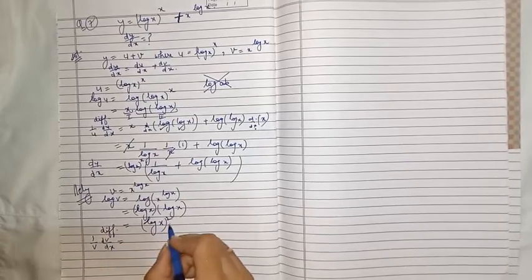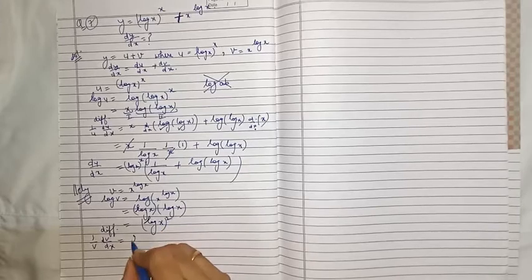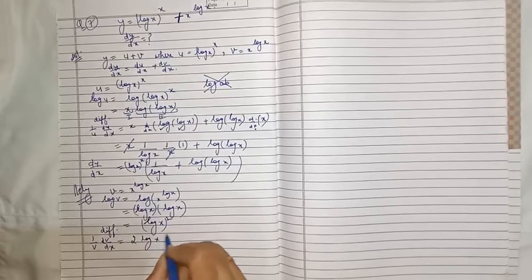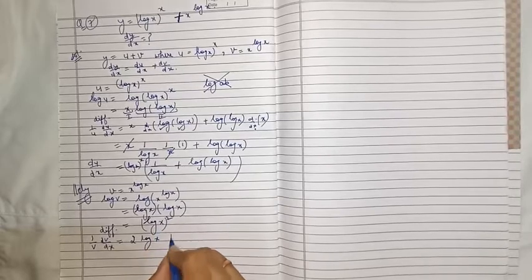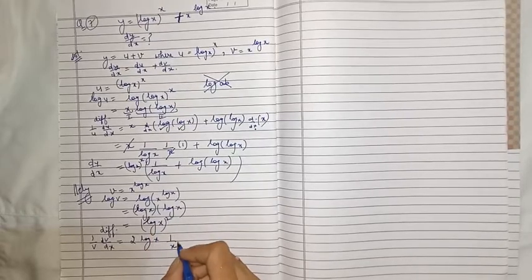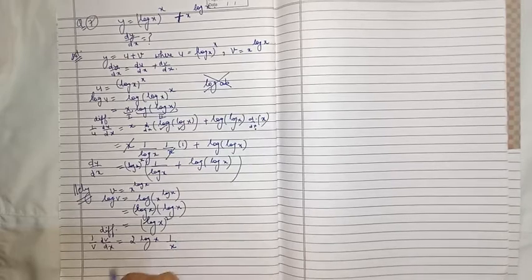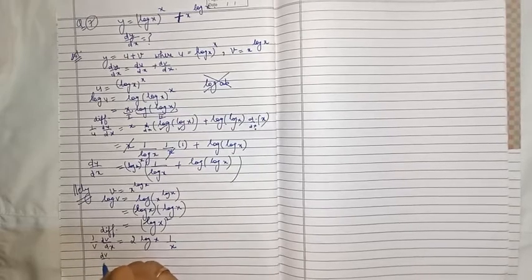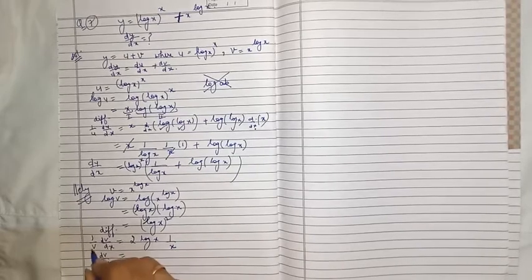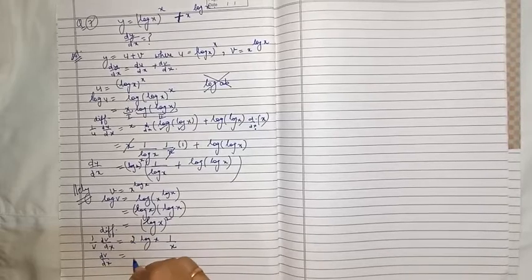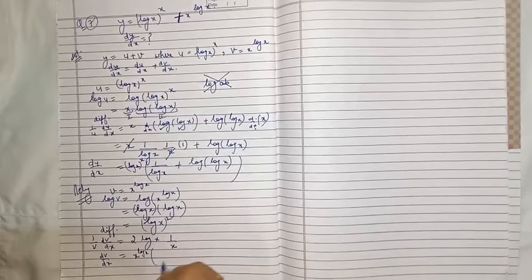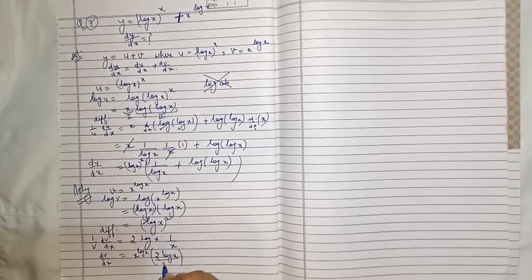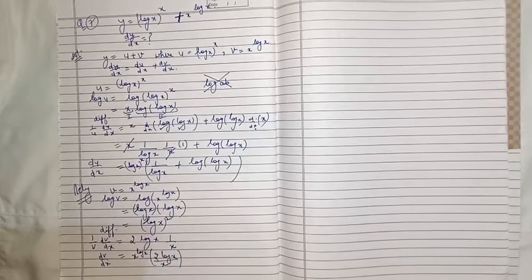Now I'll apply the power rule first. 2 (log x)^1, that is 2 minus 1, that is 1, into the derivative of log x, that is 1 over x, into the derivative of x with respect to x, which is 1. So what will be my dv by dx? This v will be multiplied here. What is v? It is x^(log x) into 2 log x over x.